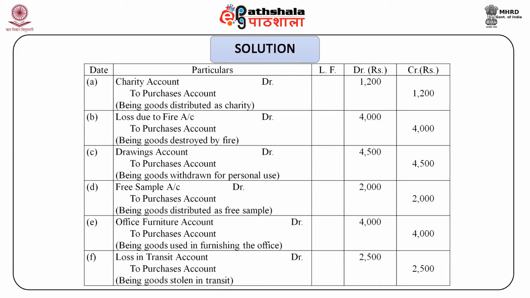B. Goods destroyed by fire. Sale price rupees 5000, costing rupees 4000. The entry will be loss due to fire account debited by 4000 rupees to purchases account credited as the goods have been destroyed by fire.